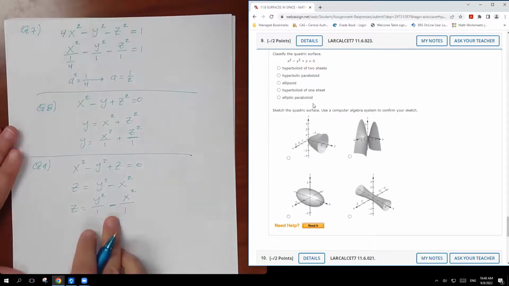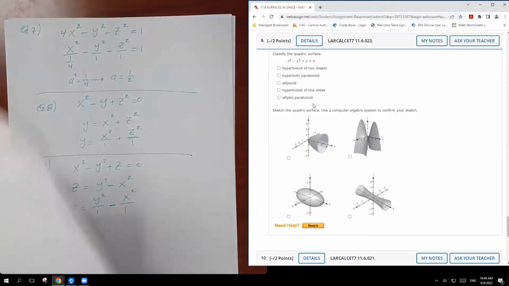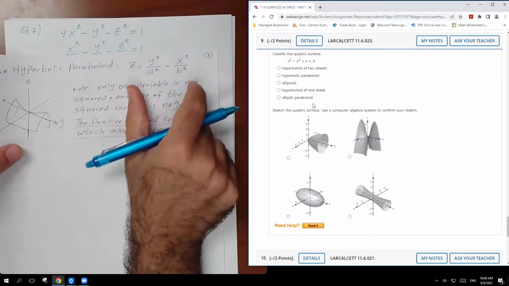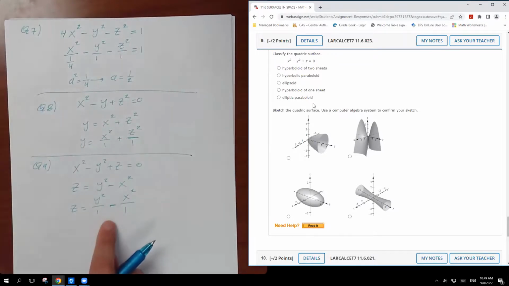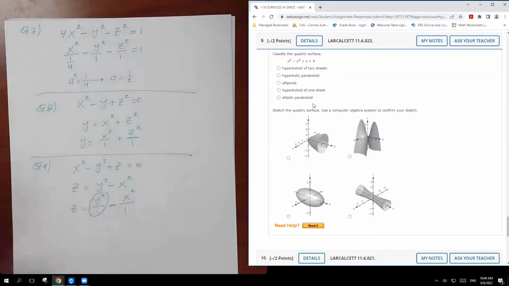Now, which one is going to be it? It's going to be the last graph, hyperbolic paraboloid. Because of the negative sign, z on this side, it's exactly the same thing. So the positive term tells you which one is going to be the graph.